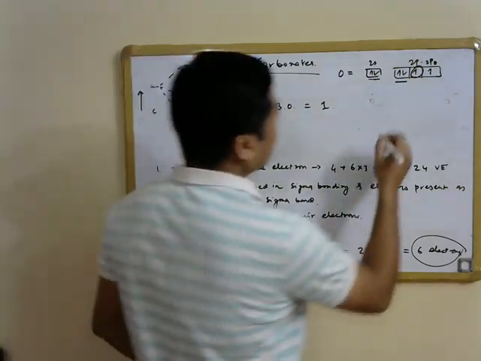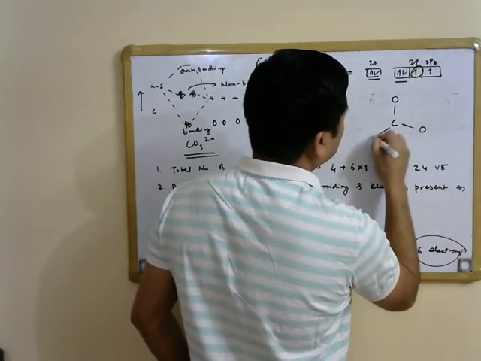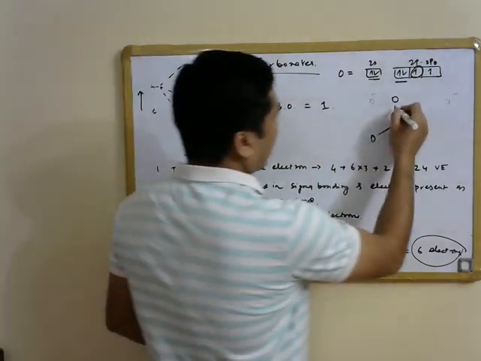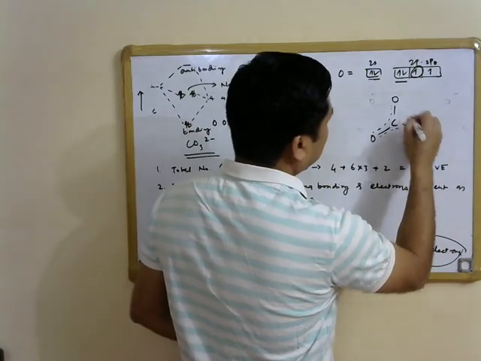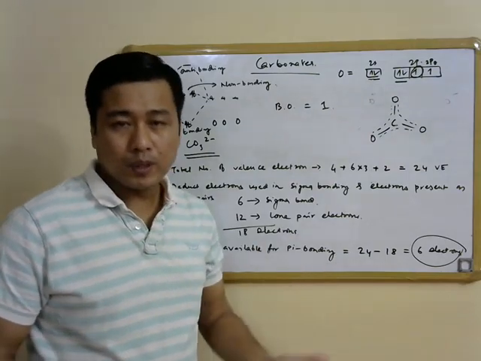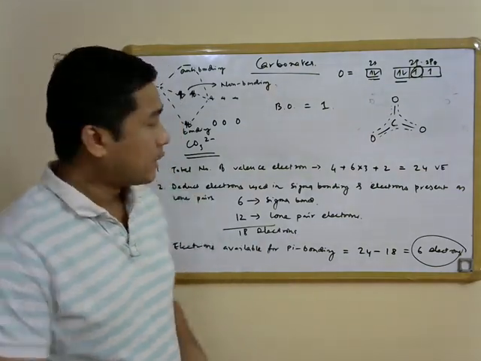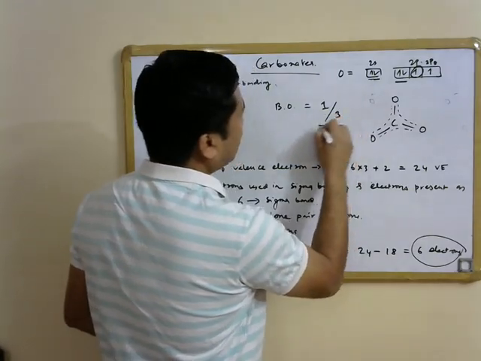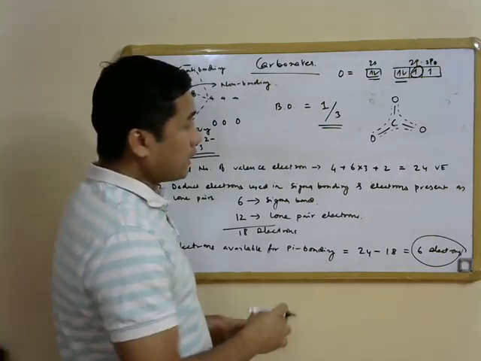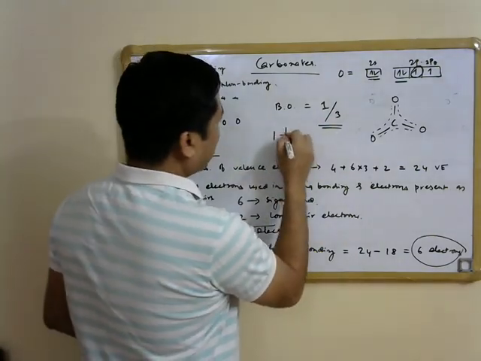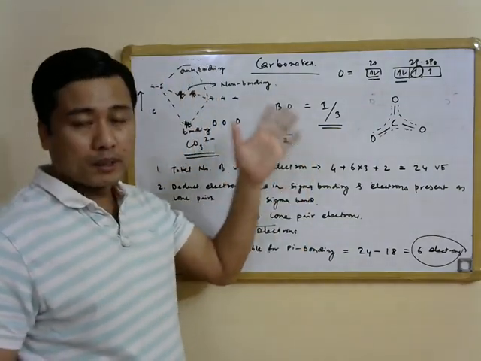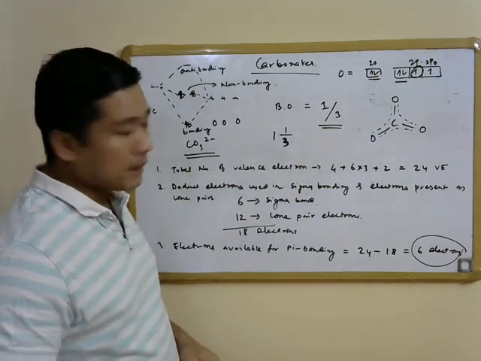Now because we have 3 oxygen atoms here, the total pi bond order is equal to 1. So overall, in the entire carbonate ion we have 1 pi bond, and for each of these CO linkages, if we want to calculate the bond order, then the pi bond order is going to be equal to 1 by 3, and the total bond order including the sigma bond is going to be 1 and 1 by 3, or 1.33.